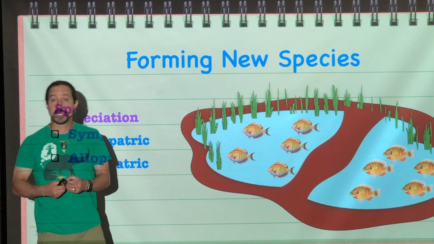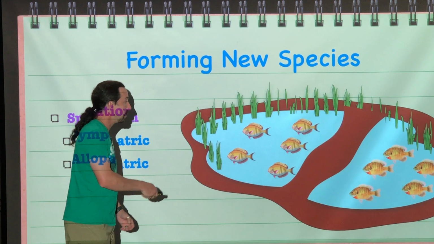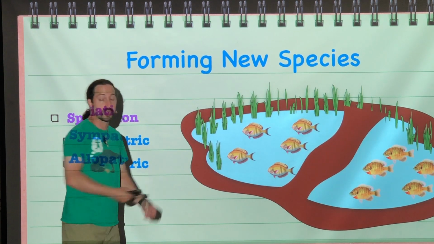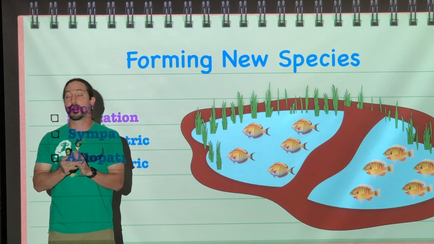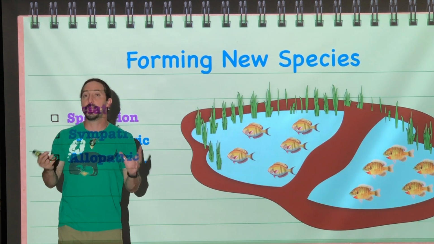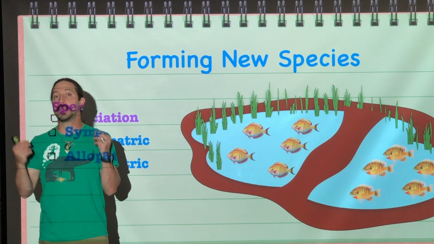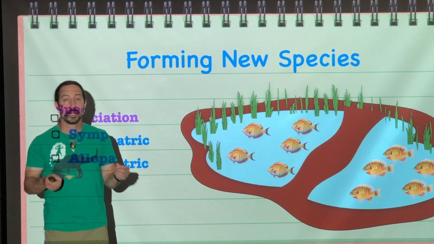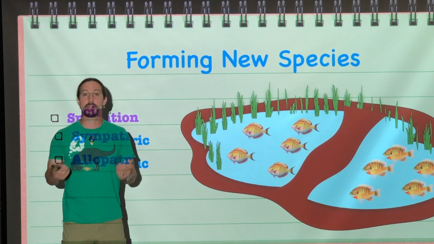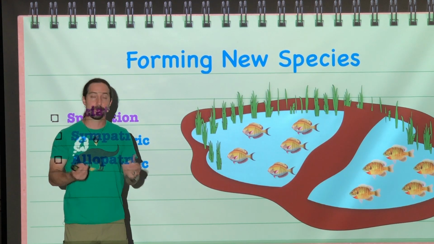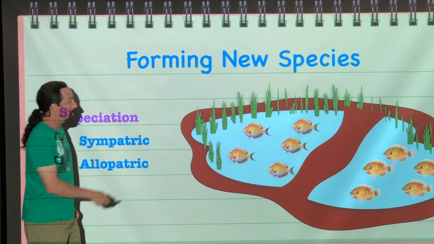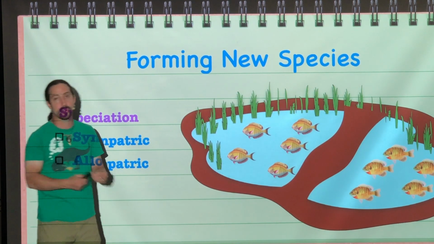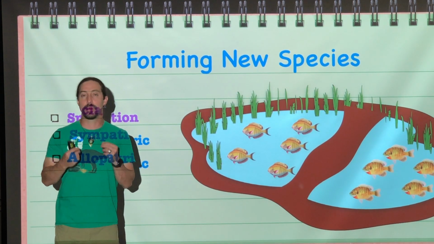And then if we were to take away this barrier, these two populations would no longer be able to interbreed because of their divergent evolution, because they evolved independently of each other, and they are now reproductively isolated groups. That is allopatric speciation, where you have a geographical boundary between the different groups.